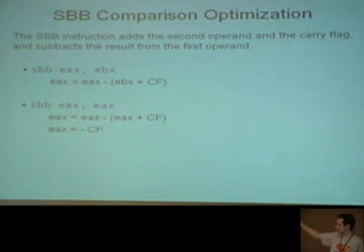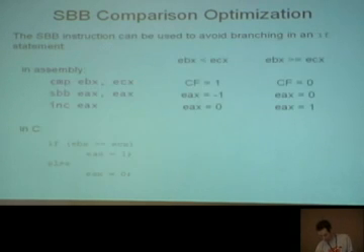But in the SBB comparison optimization, the compiler generates SBB with the same register as both arguments. And this is EAX minus EAX minus the carry flag, which is equivalent to EAX being the negative of the carry flag. And here's an example of what this pattern looks like.